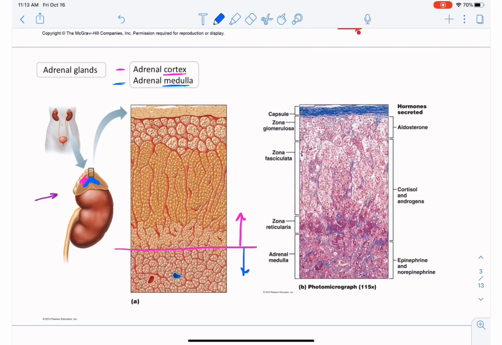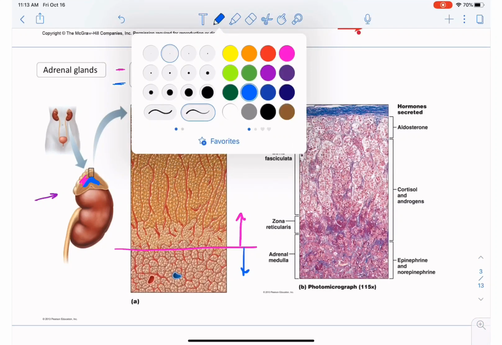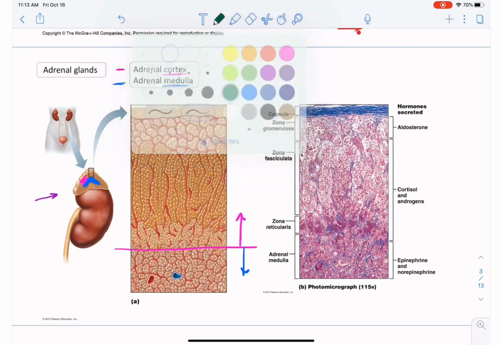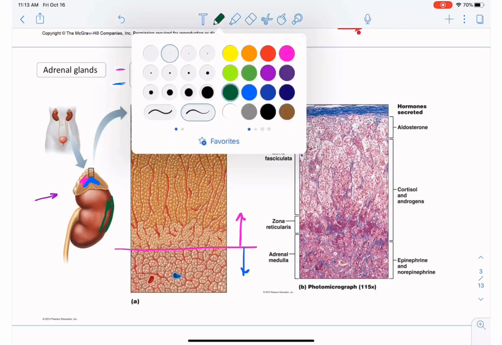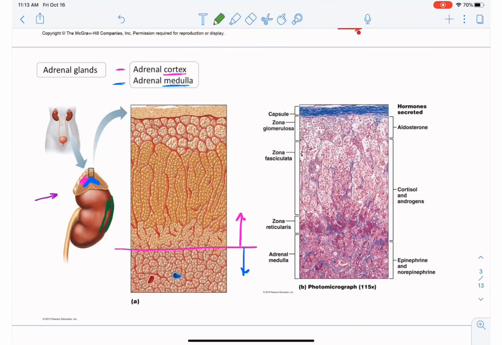Now, the terms cortex and medulla, you're going to see other places in the body. For instance, the outer layer of the kidney is called the renal cortex. And then the middle layer of the kidney is called the renal medulla.